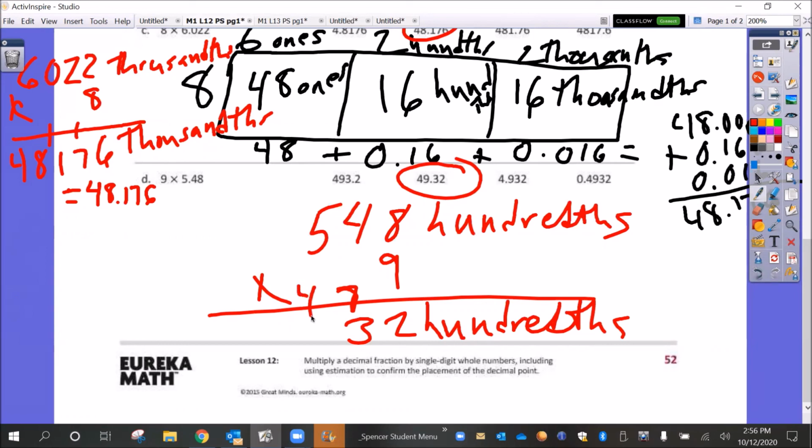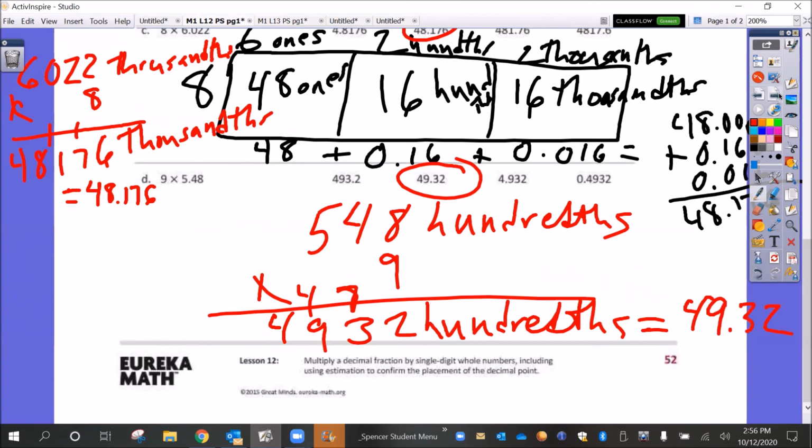All right, so 9 times 5 is 45 plus 4 more, which would be 49. And like I said, we know that hundredths has 2 decimals, or 2 places after the decimal, so I know that's going to be between the 9 and the 3 then. So our answer is 49 and 32 hundredths.